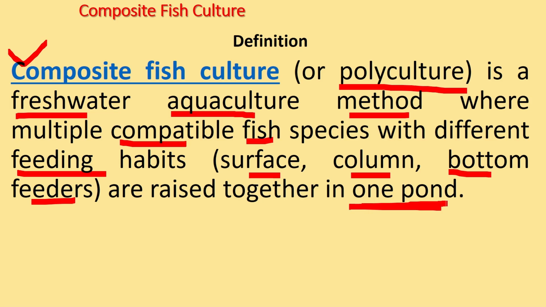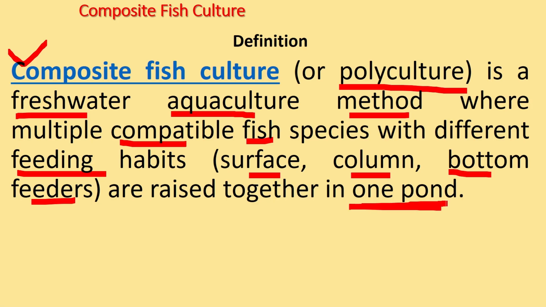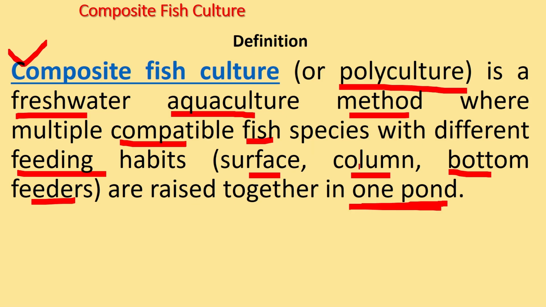That is, different types of fish species are grown in one pond. Since they have different feeding habits, they cannot disturb each other. So the purpose of composite fish culture is to grow different types of fish species in a single pond.